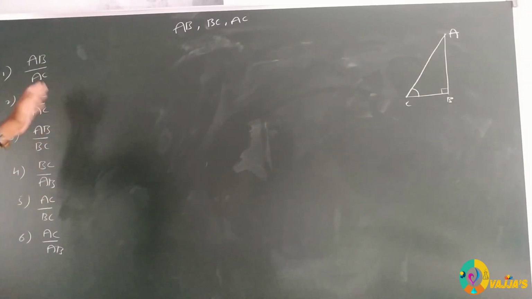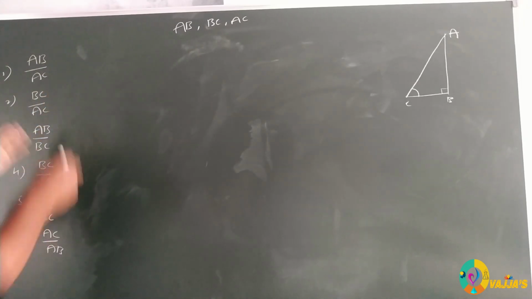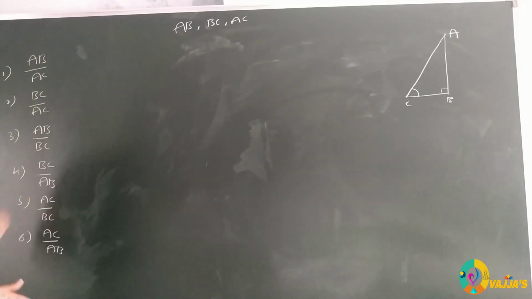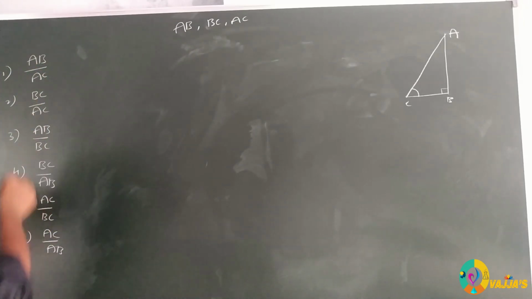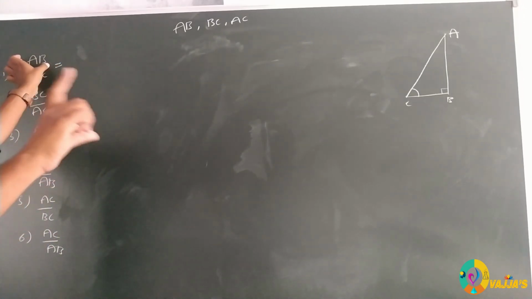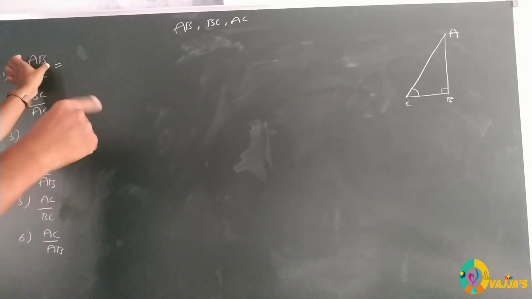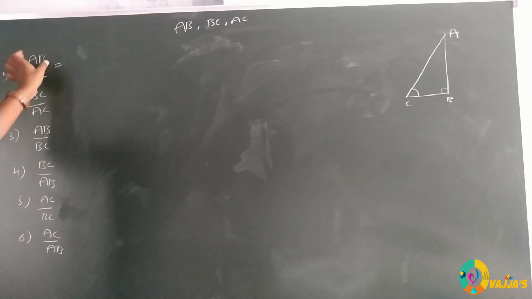Now I am making a relation of these ratios to angle C. For example, look here. AB is nothing but a side. It means the distance between vertex A and B. That is nothing but the length of chord AB.